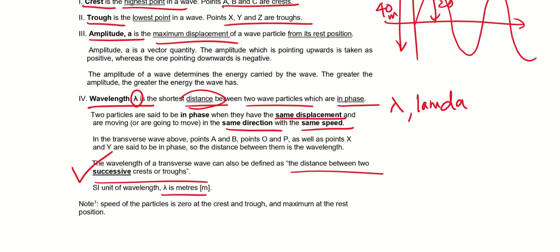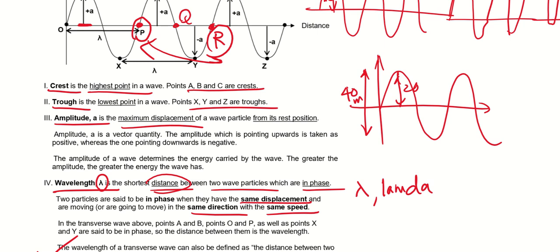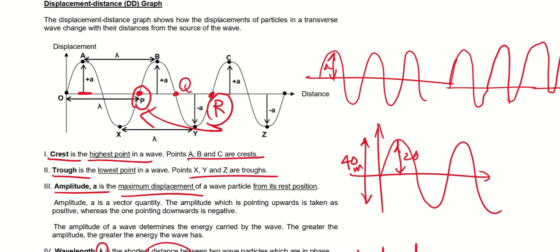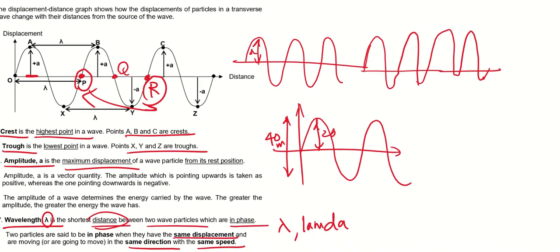Okay, so now I will end off with this called DD graph. We are dealing with this. DD graph, two things that are important. Please write this down. DD graph. Y-axis.